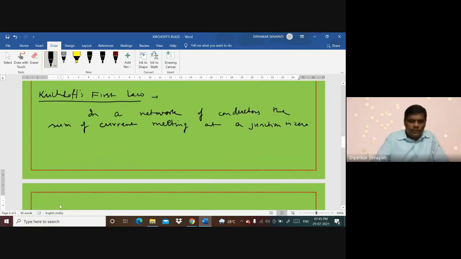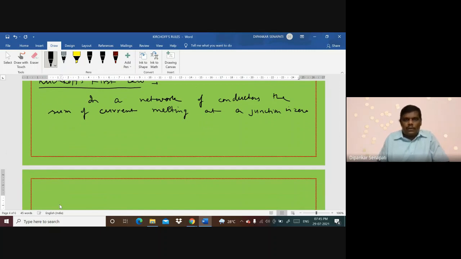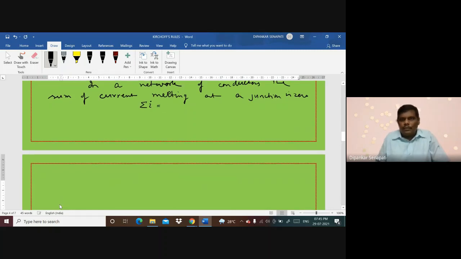This is Kirchhoff's first law. Mathematically, we can write summation of I is equal to zero.